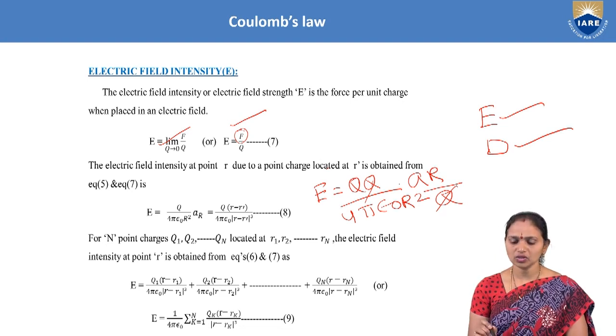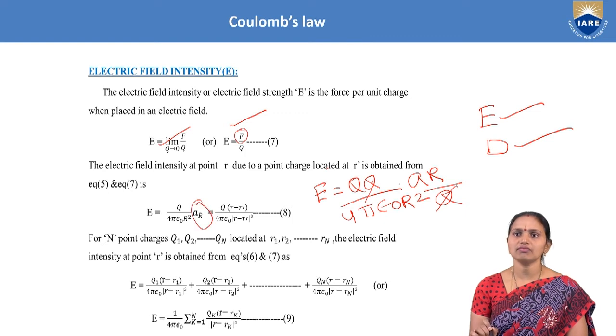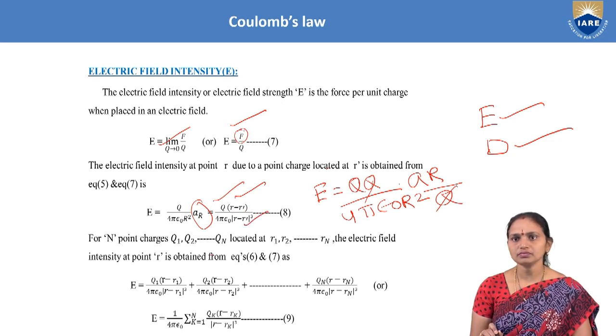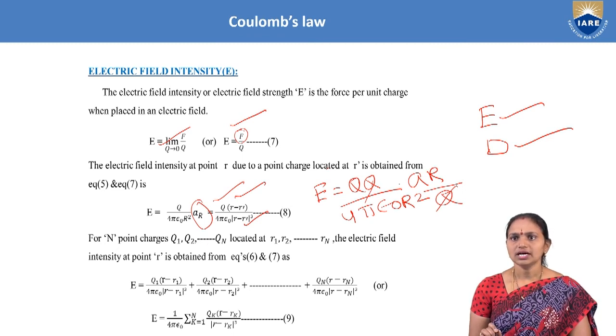Again, by writing the meaning of this unit vector AR, here we have Q common, 4 pi epsilon naught, and this AR is the displacement vector, which is R minus R dash divided by modulus of R minus R dash cube. This is about a point charge which is located at a distance of R dash units.